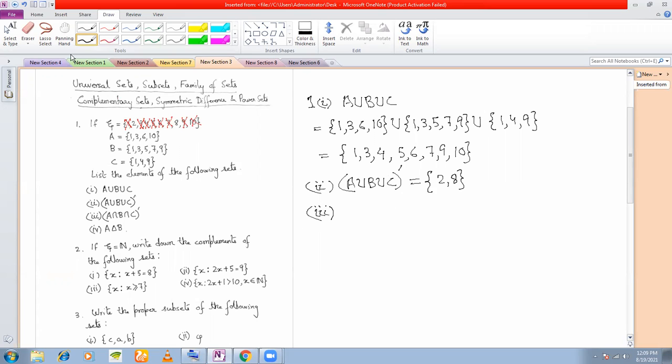Clear with the definition of complement? Complement of A union B union C. Next, A intersection B intersection C. This set consists of those elements that are common to all the 3 sets.